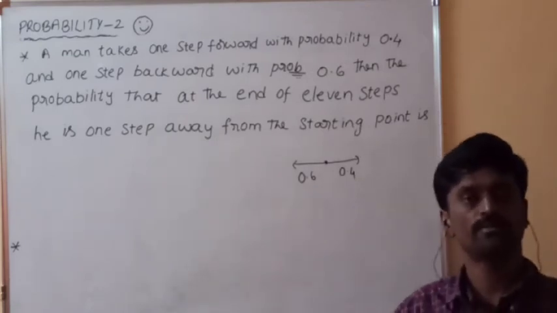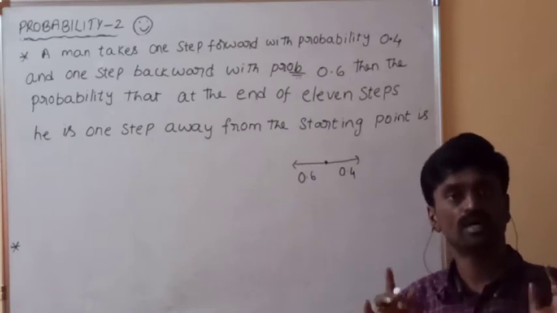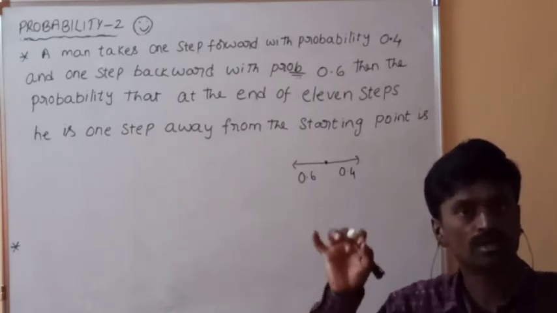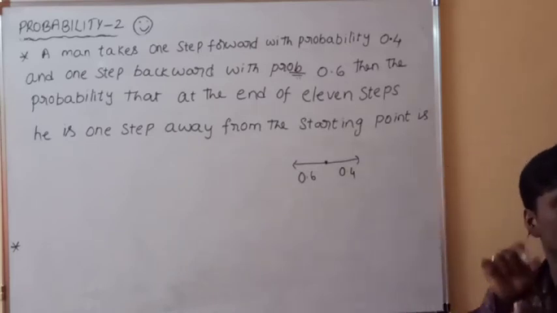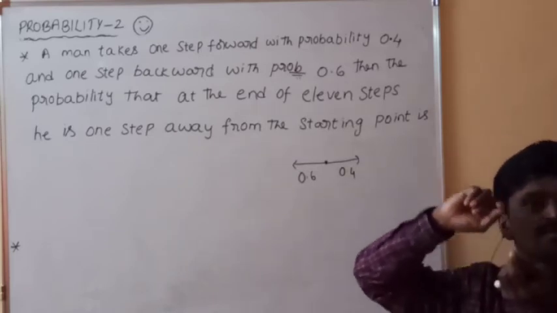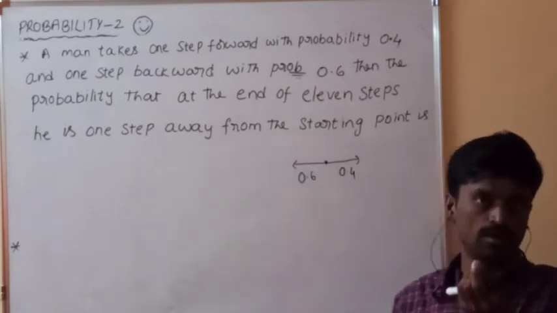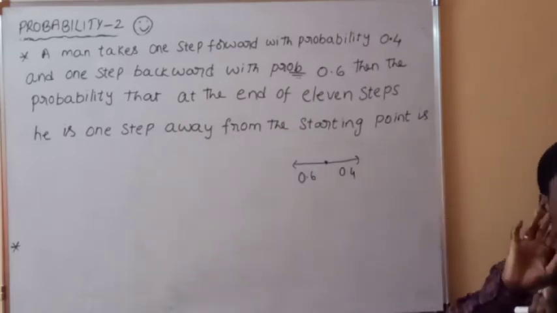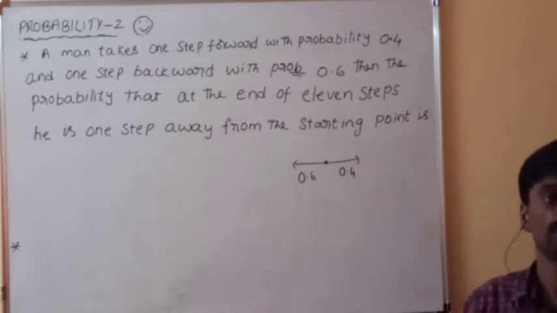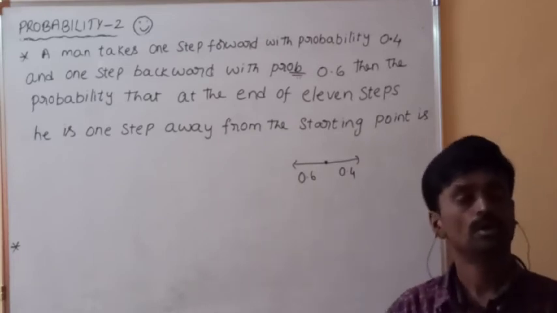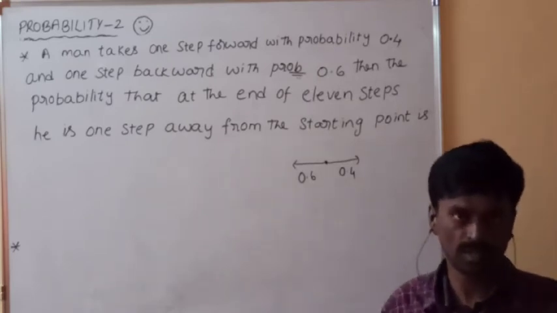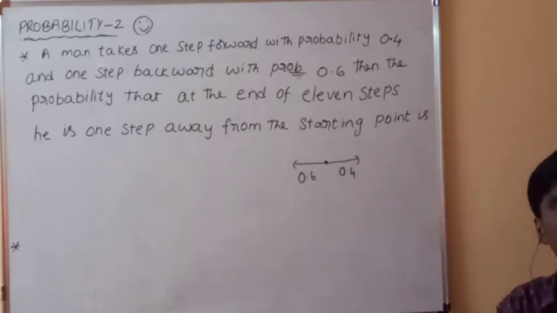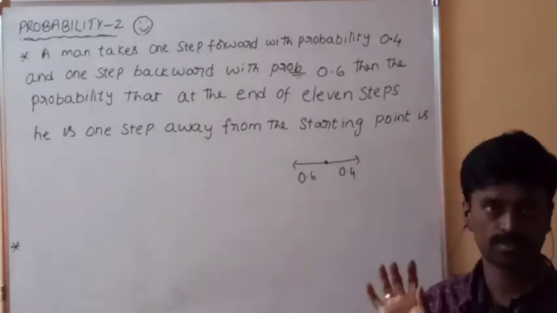One step away from the initial point means he may be one step forward or one step backward of the initial point. That means the required probability is the probability of one step forward plus the probability of one step backward, after completion of 11 steps.